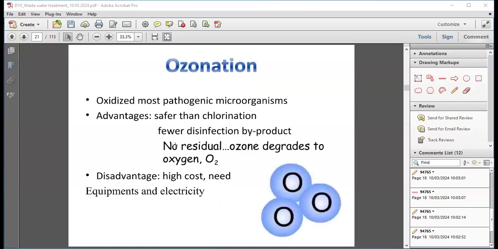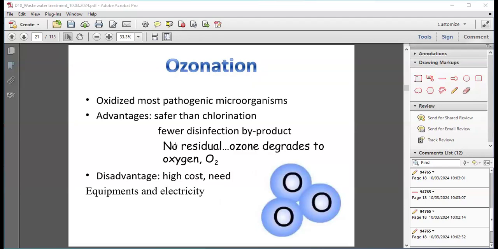So, ozonation. What's the meaning of ozonation? You've heard about ozone. The Earth has an ozone layer. It protects the Earth from the harmful radiation of sunlight. You already heard about the ozone layer effect, the ozone layer hole.